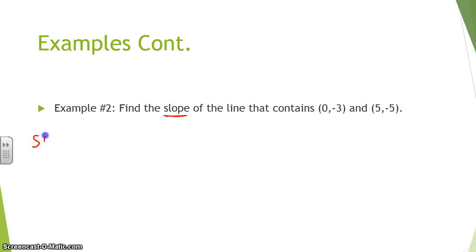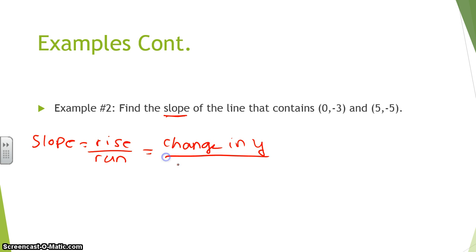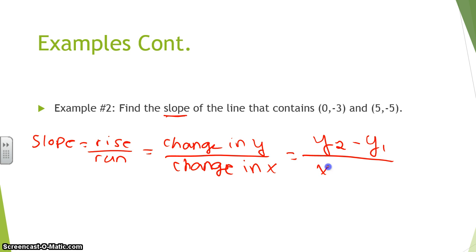Remember, slope is rise over run, and we think of that as change in y over change in x, and we can think of that as y2 minus y1 over x2 minus x1.